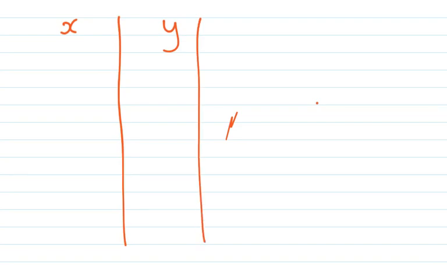So it's not equal to the first differences, but I will show you. We have x and y, and then we'll have the first differences. And then we'll have the ratio.